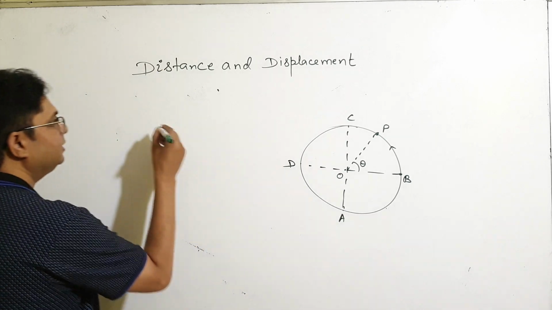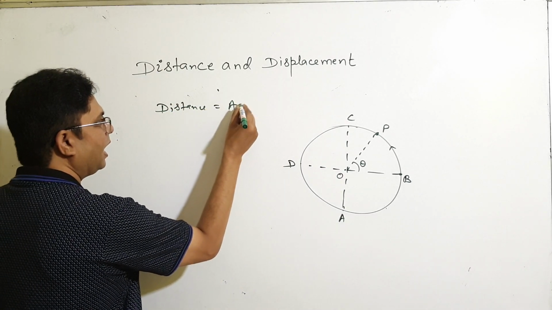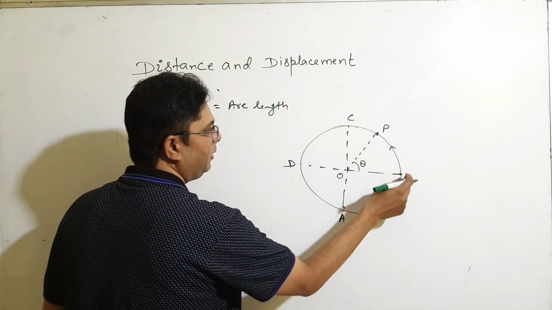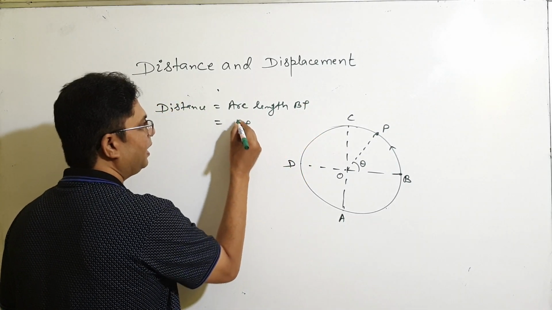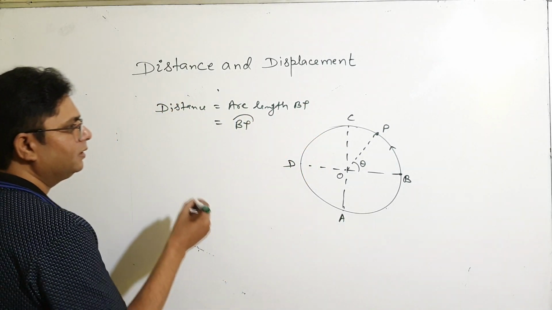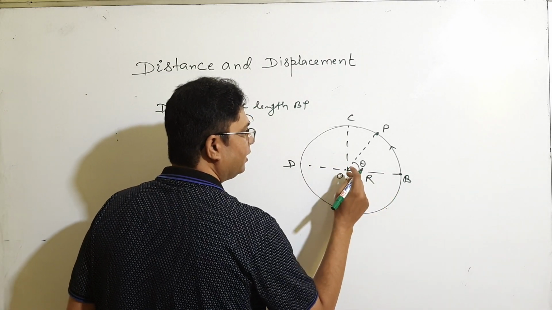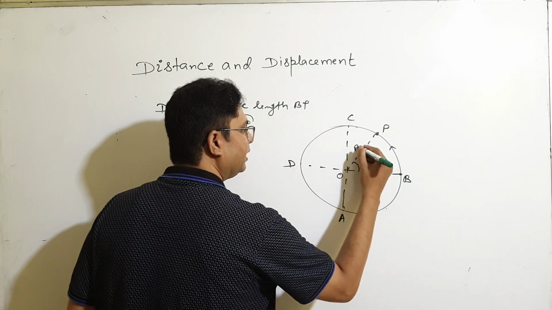So your distance is arc length BP, which is written as BP arc. You know that from O to B is radius r, and this is equal to this line. So O to P is also radius r.